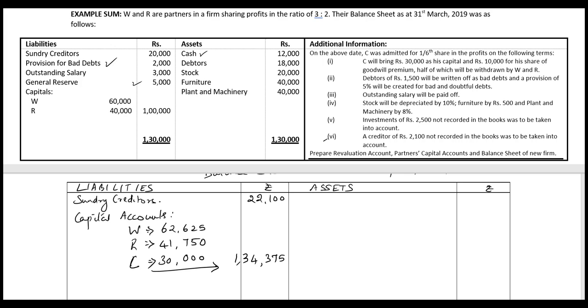So the total of the capitals comes to 1,34,375 rupees.